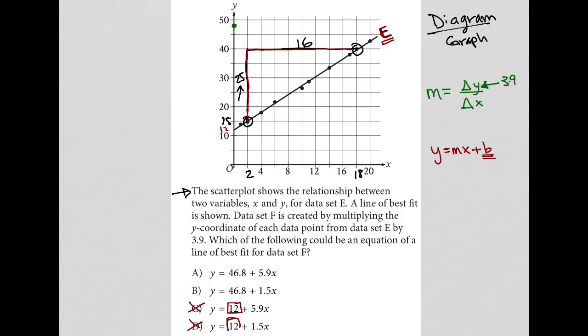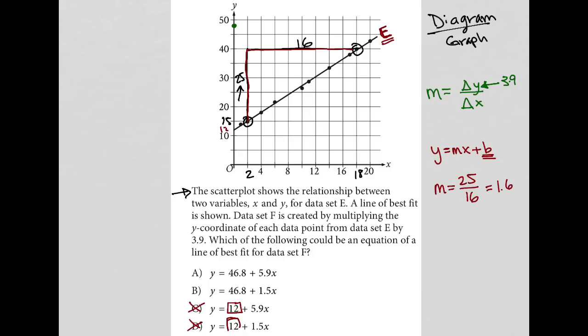So again, slope is the change in y. So for me, our change in y for E at least was 25. Our change in x was 16. As a decimal, 25 divided by 16 is 1.562, basically. I'm getting like 1.6, basically.